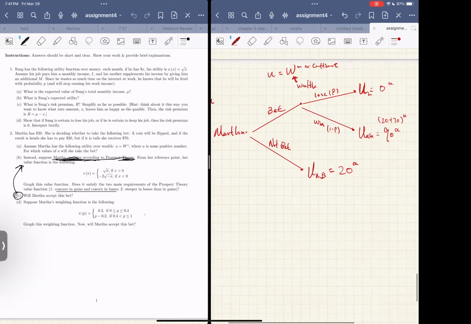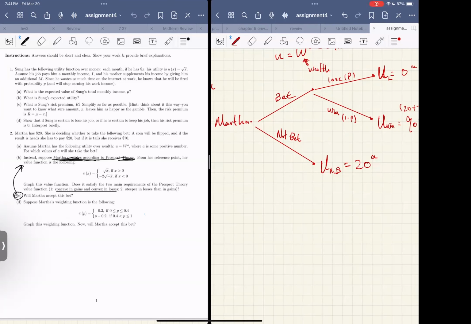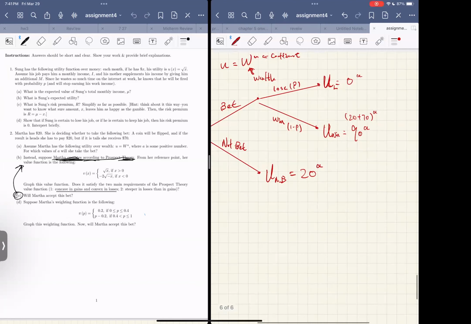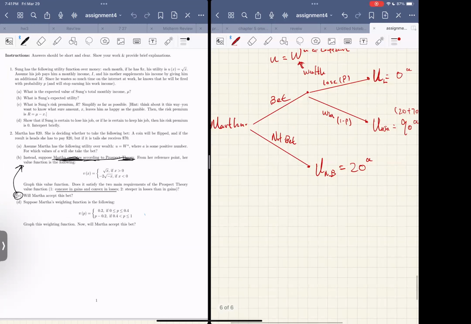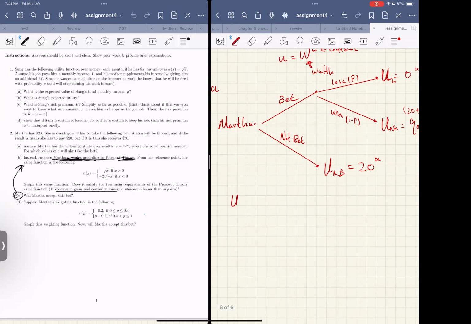So when will she take the bet? If the utility of betting is bigger.